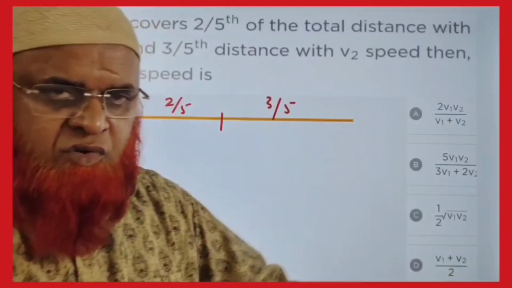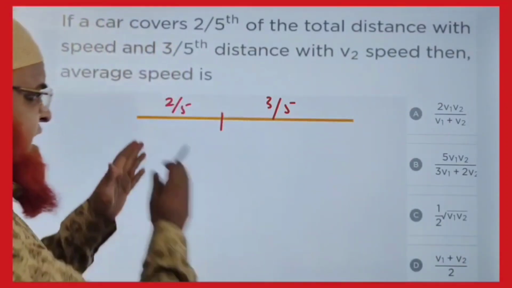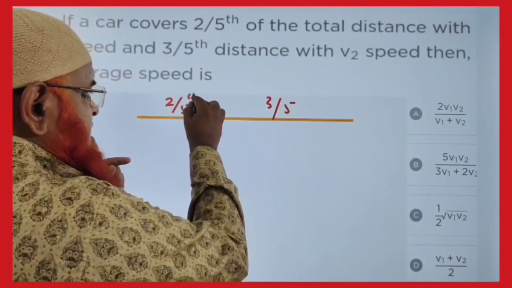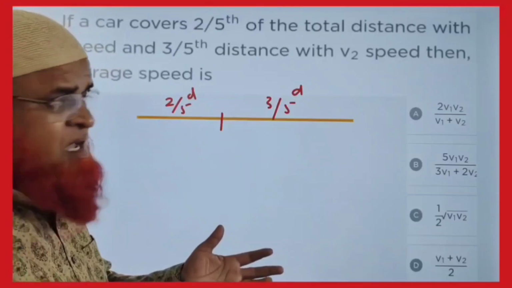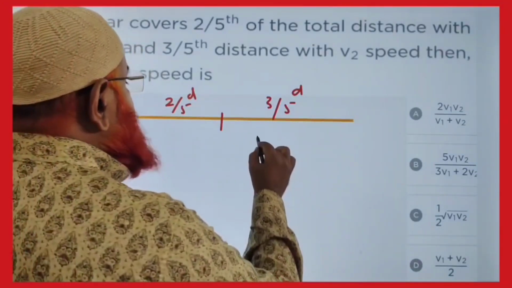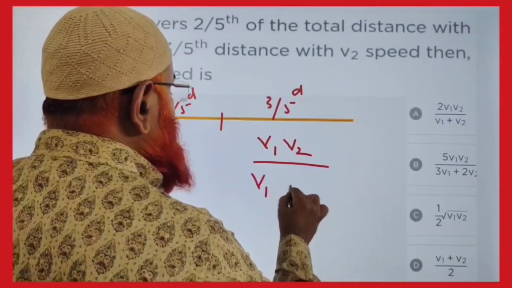Dear students, whenever this type of question comes in average speed, where the total distance is divided into two parts, the first part is 2/5 of the distance and the second part is 3/5 of the distance, and you have to find the average speed, there is a shortcut with me. A simple thing is first you write V1 V2 divided by V1 plus V2.